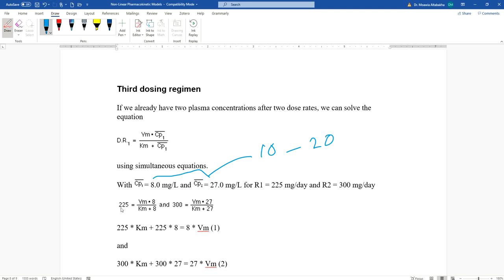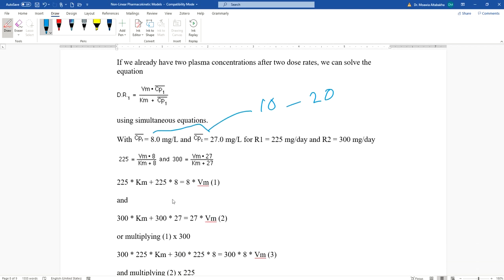We have 225 equals Vm times 8, which is Cp average, divided by Km plus Cp average, and we have the other equation: 300 equals the Cp average that it is producing, which is 27, times Vm divided by Km plus the Cp average, which is 27. So I have two equations. I need to solve them together. So this is one approach.